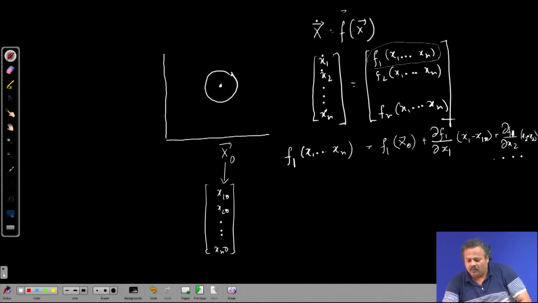These are the only first order terms for this n dimensional system.